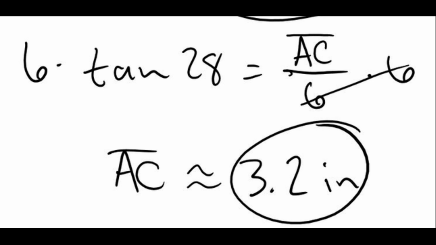And then last but not least, I was looking for the line AC, and I used tangent because I knew the adjacent. I was looking for the opposite, and solved that up, and we ended up with 3.2 inches. So that is the entire triangle.